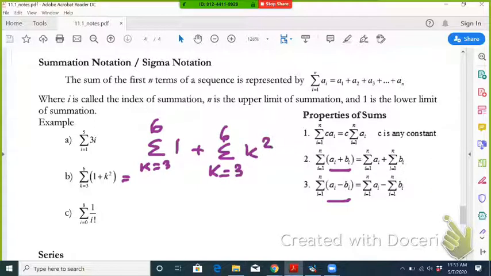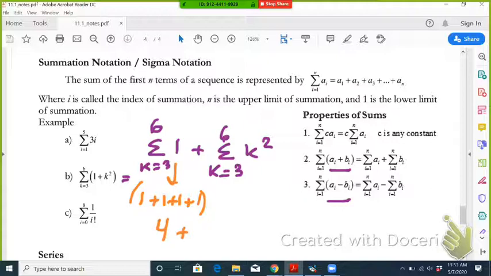Now be careful here, because this doesn't have a variable. We plug 3 in, but there's nowhere to plug 3 in, so it's just 1. Then we plug in 4, and it's just 1. Plug in 5, it's just 1. Plug in 6, and it's just 1. So that part of the sequence is just going to equal 4.